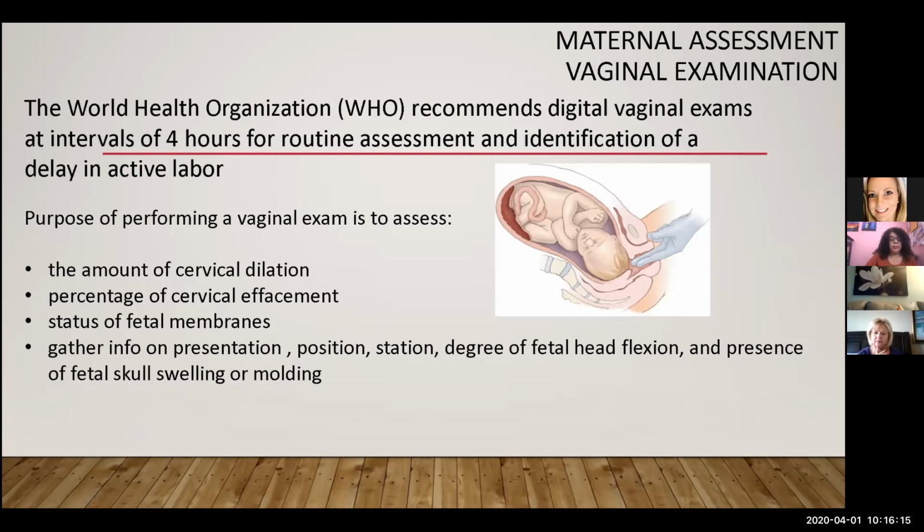So posterior or anterior, meaning do they have to go way back here to find the cervix, or is the cervix right here, more midline, anterior?